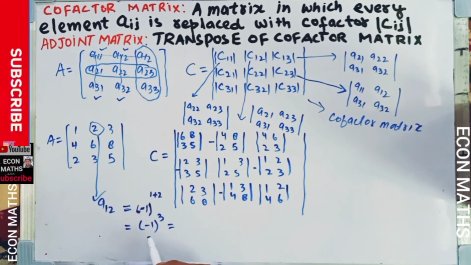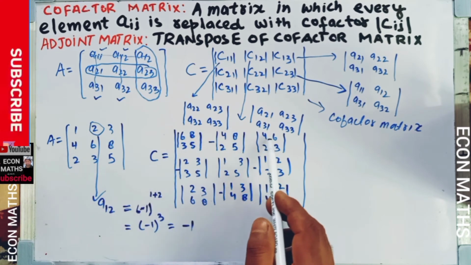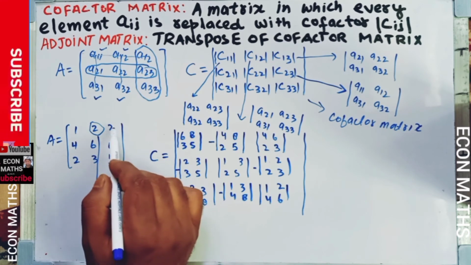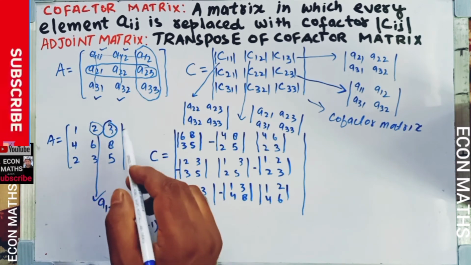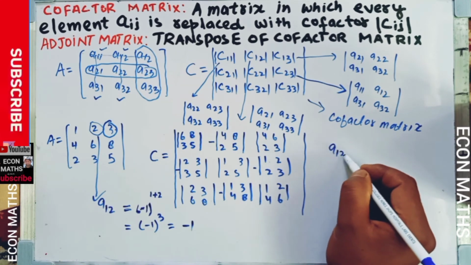Now -1 raised to an odd power gives us -1. Similarly, this 3 is at A13.